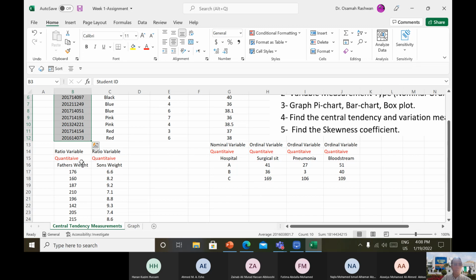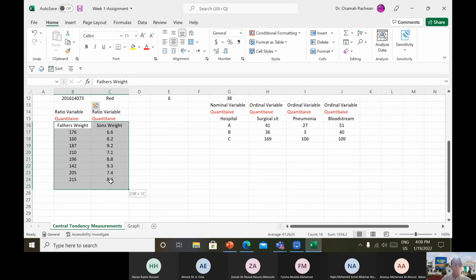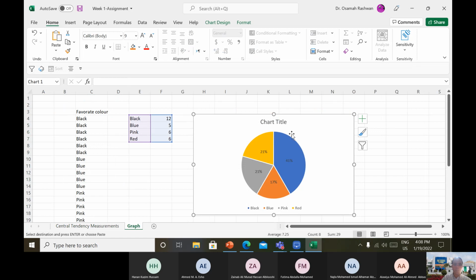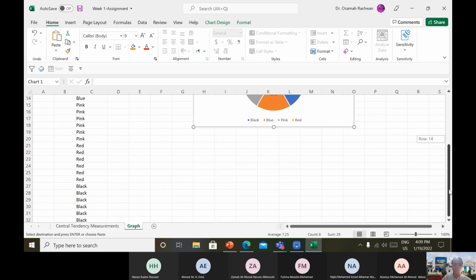Now I have 2 columns. Fathers, this is quantitative, right? So I will take them to the graph sheet and I can call this one pie chart.